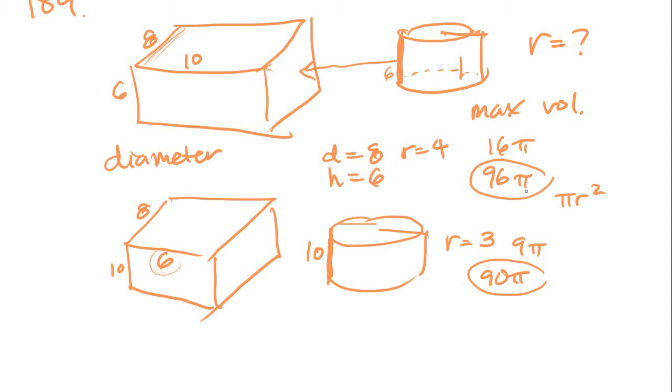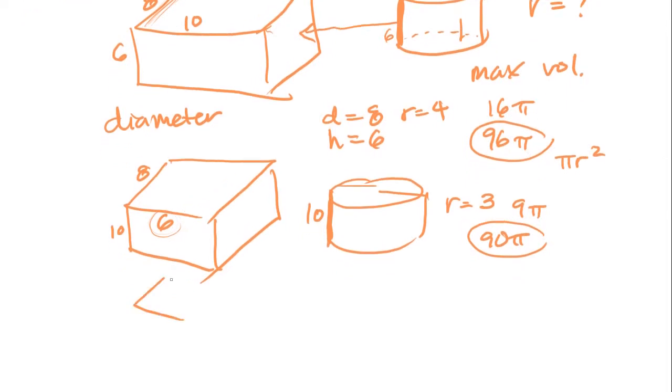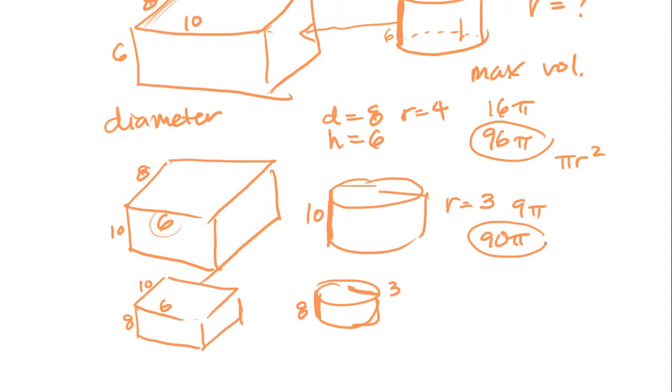Let's see, what else could we possibly have? Well, we could have a third situation where the box is 8 by 6 by 10, but just by looking at this, we know it's not going to be larger. It's going to be smaller, because the height is only going to be 8, but the radius is still limited to 3, so it's definitely going to be smaller than 90 pi.